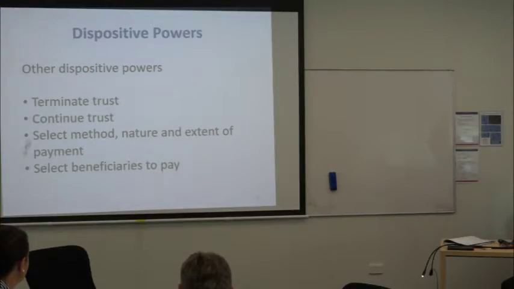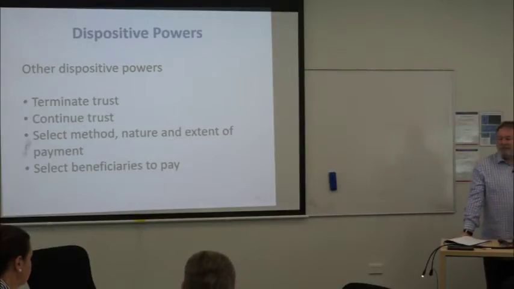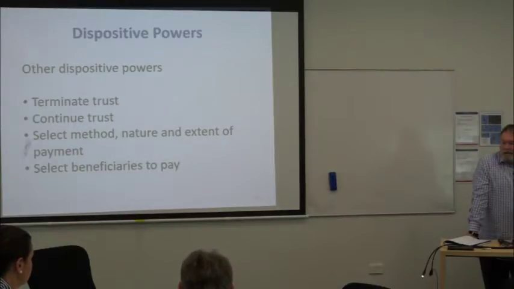And then the method, nature and extent of payment. Your income and capital clauses will no doubt have very broad discretions there, and no doubt includes the phrases that the trustees can apply the capital or income to such one or more of the beneficiaries as may be in existence at the time for the housing, clothing, maintenance, general benefit or enjoyment in life of the beneficiary.